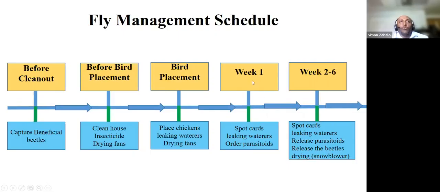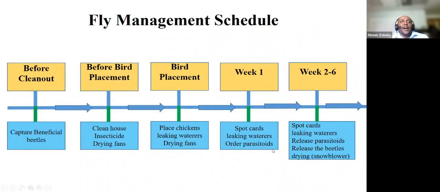And then after 1 week of bird placement, spot cards or sticky cards have to be placed in 3 places in order to monitor the fly population. Also, daily, always check for any leaking water or moisture source.